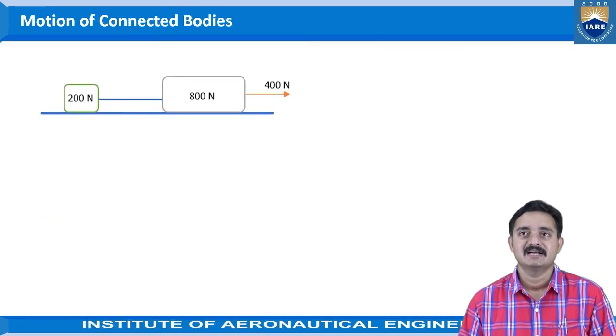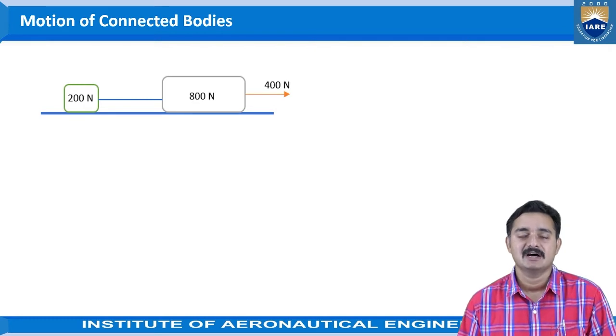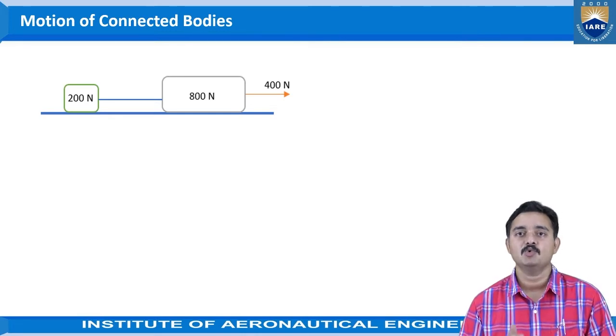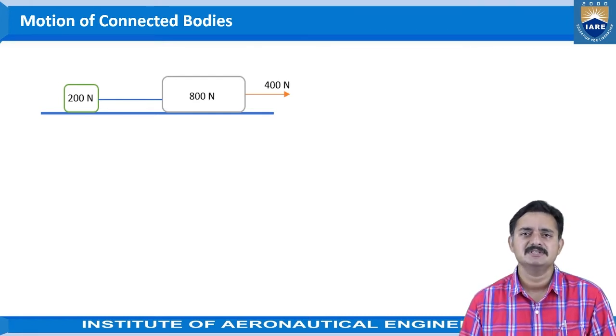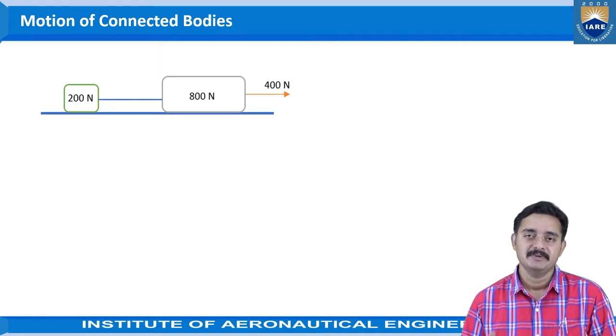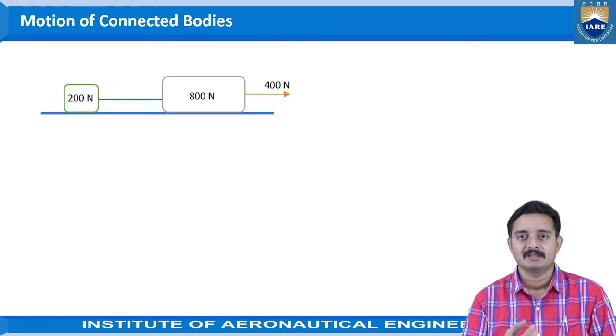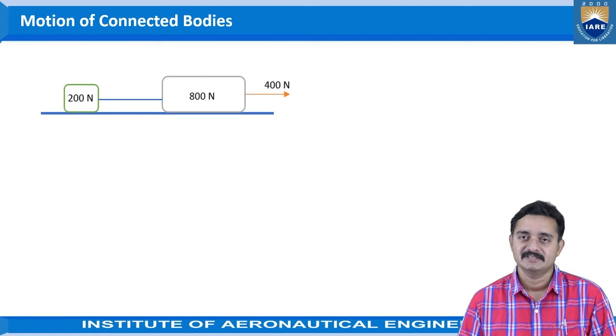First, let us understand how the connected bodies are represented. Connected bodies are two or more bodies in a system. All these bodies are connected using some means. The means of connection may be a wire, a string or a bar.